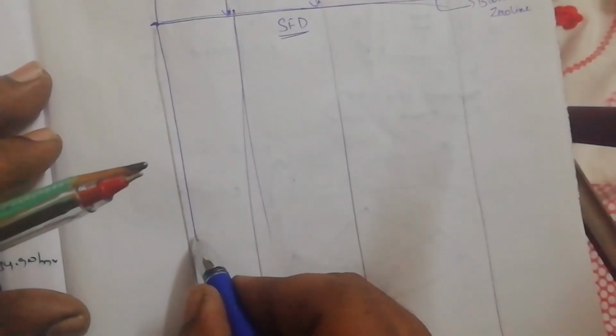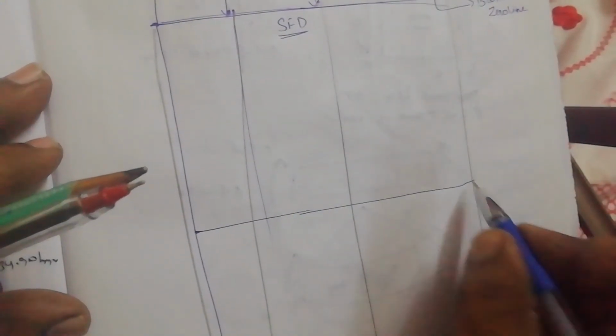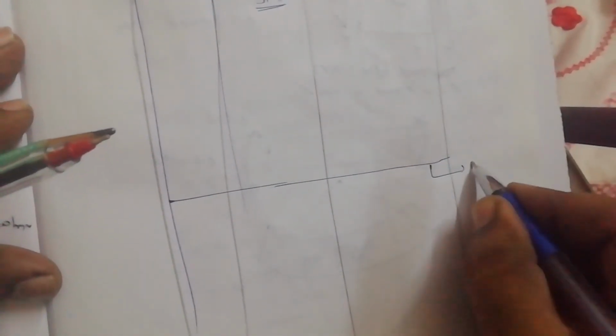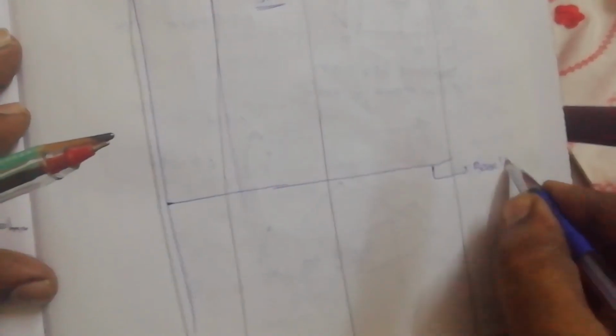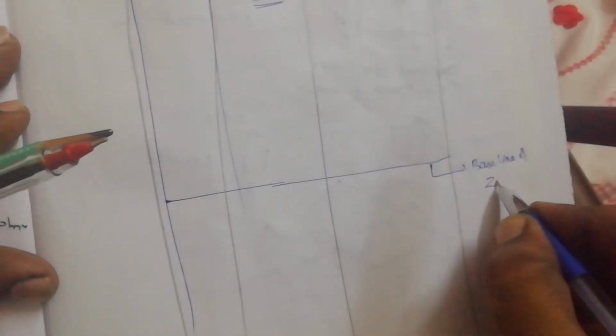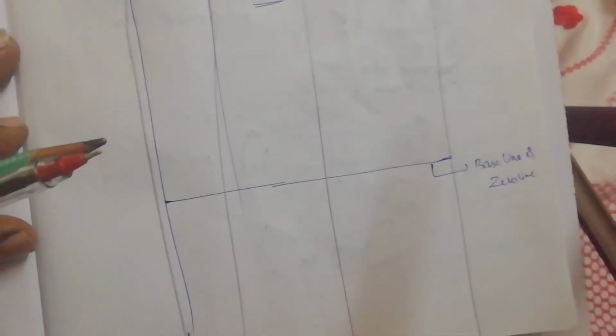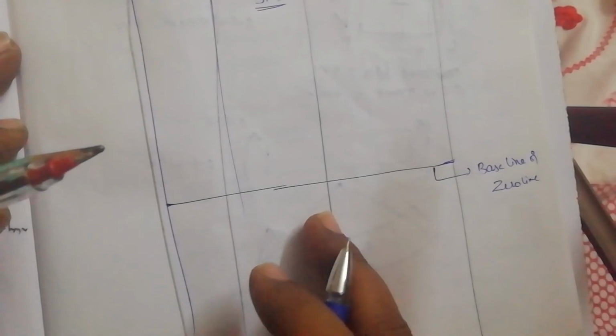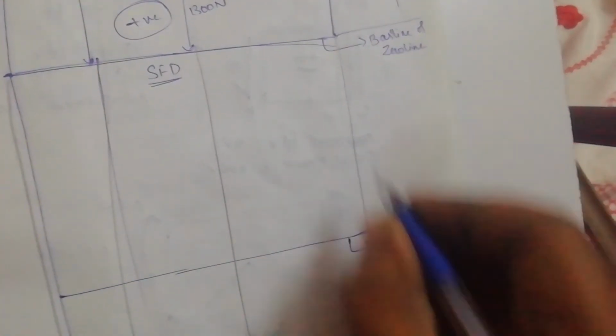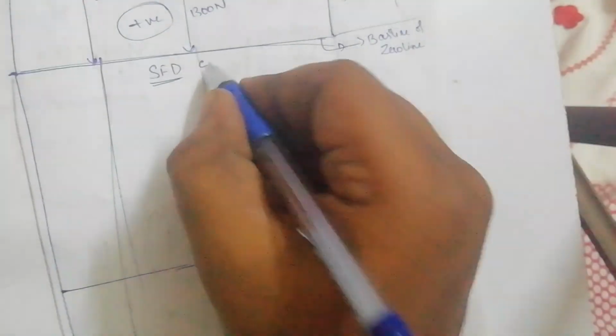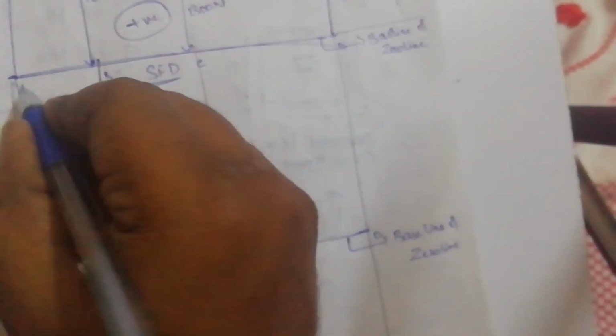First we have to draw the baseline, or zero line, where the bending moment is 0, just like your zero axis. From here, this is your point D, then C, B, A. Similarly here D, C, B, A, okay.